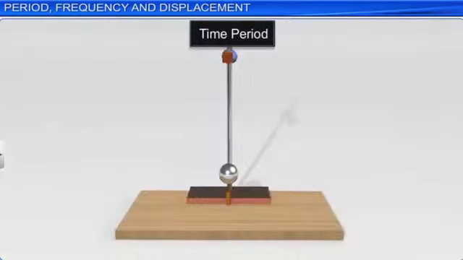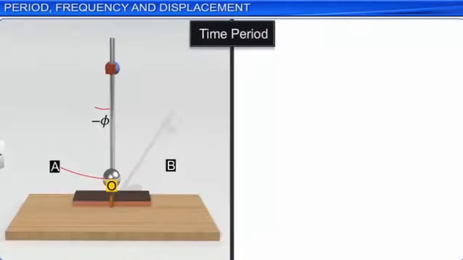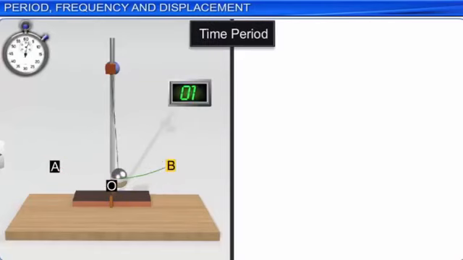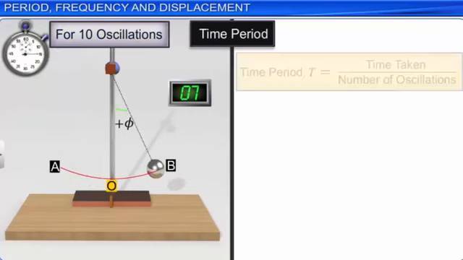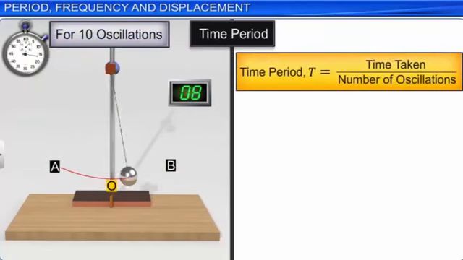Consider the example of a simple pendulum that exhibits periodic motion. Now, allow the pendulum to oscillate freely and note the time taken, say, for 10 oscillations. Here, time period T will be equal to the total time taken for the given number of oscillations divided by the number of oscillations.